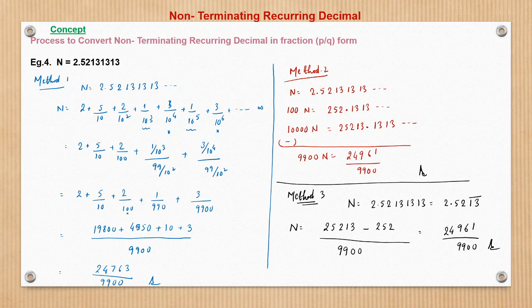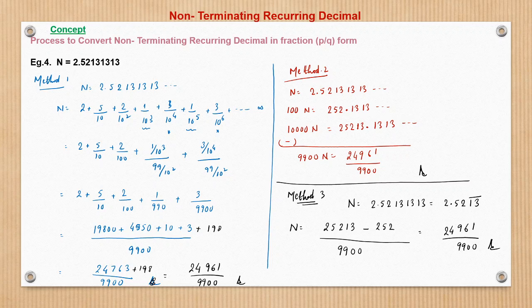For this 2 upon 100 we have not written here, no? This is 198. For this 2 it will be 198. So plus 198. So when we add 198 to this, we will get 24961 upon 9900. So now we have got same answer from the other approaches.